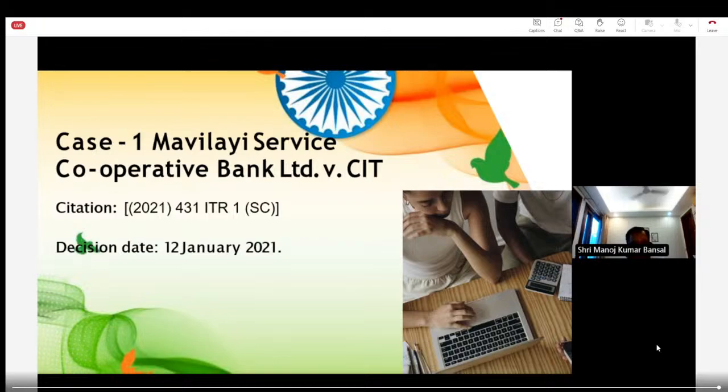My next pointer is, is alternate minimum tax applicable on cooperative societies? Yes, as told earlier, it was 18%. Now it has been reduced to 15% of the adjusted total income, if regular income tax payable is less than that amount.